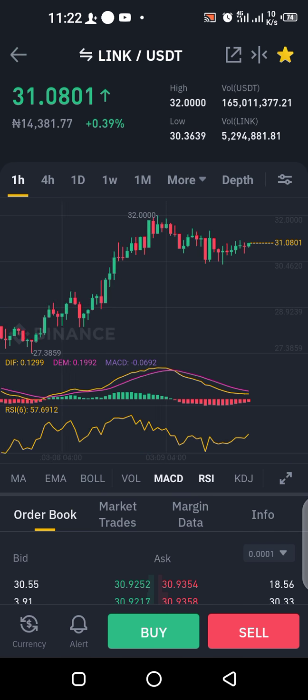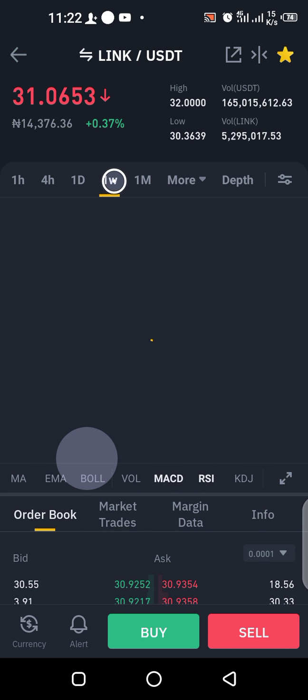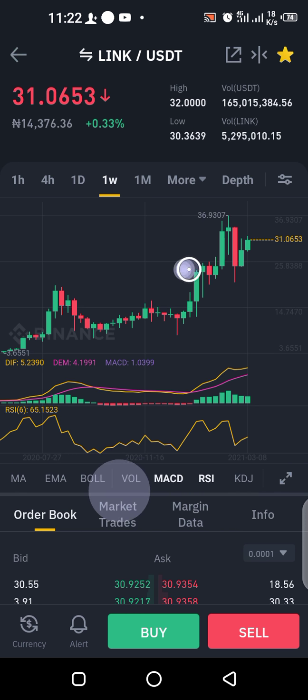And to wrap it up, don't forget, when you want to analyze the market using your resistance and support level, start from a weekly chart. You see where the last support level and the resistance level was.